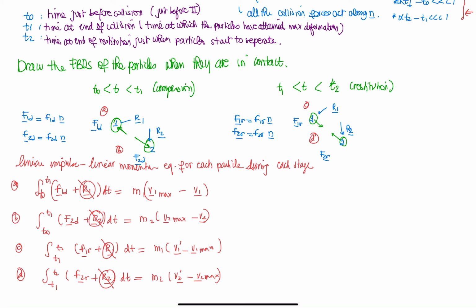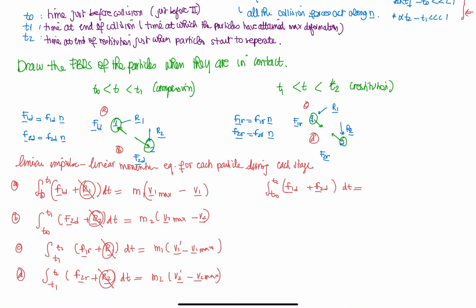Another thing I can do is, if I consider the combined system in each case, then the integral from T0 to T1 of F1d plus F2d dt: the linear momentum of the system during collision is conserved because the sum of the external forces is equal to 0.